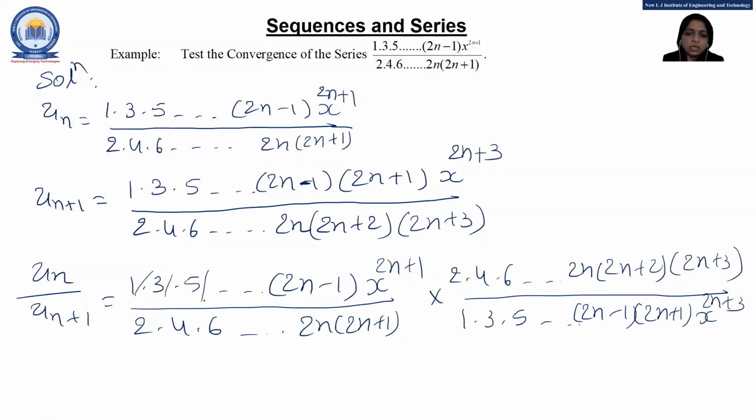So this 1, 3, 5 up to 2n minus 1, all terms will cancel. This 2, 4, 6 up to 2n, this all will cancel, right?